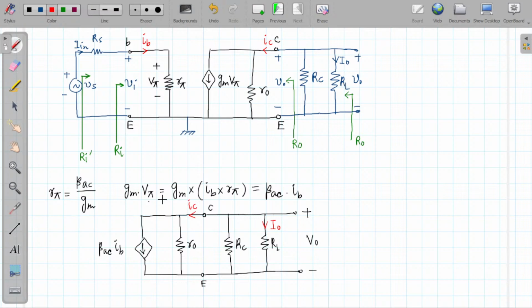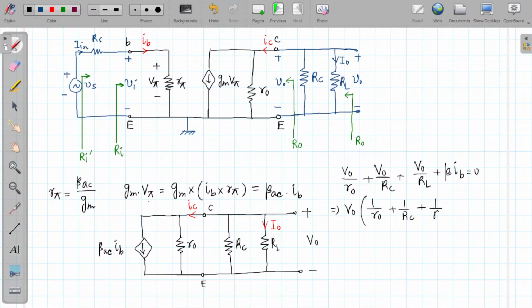Now if we apply nodal analysis in this circuit: V0 divided by R0 plus V0 divided by RC plus V0 divided by RL plus beta into IB equals 0. Taking V0 common, inside the bracket there will be 1 by R0, 1 by RC, 1 by RL, and here minus beta into IB.